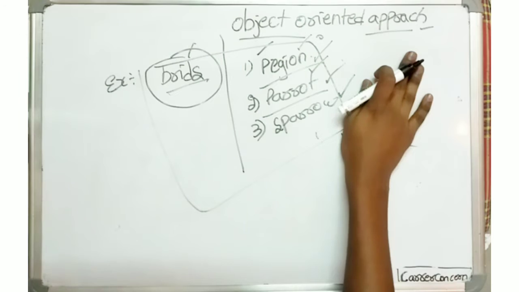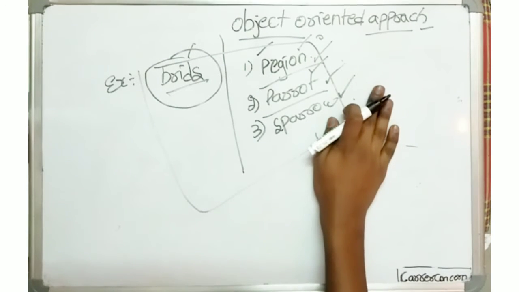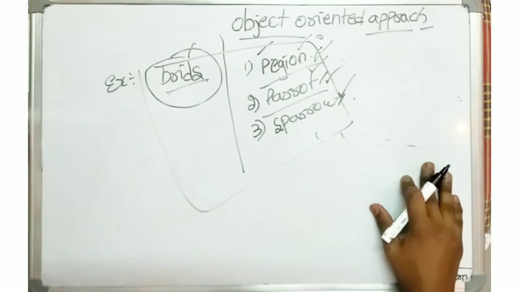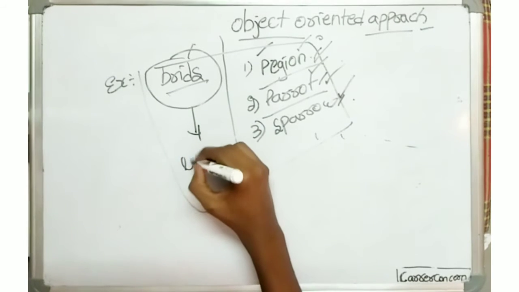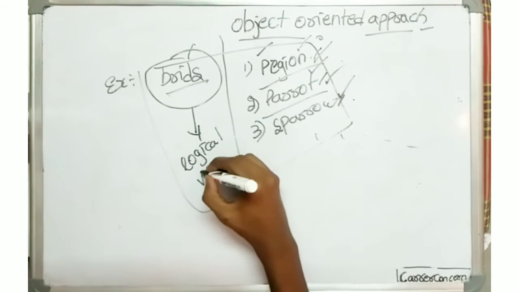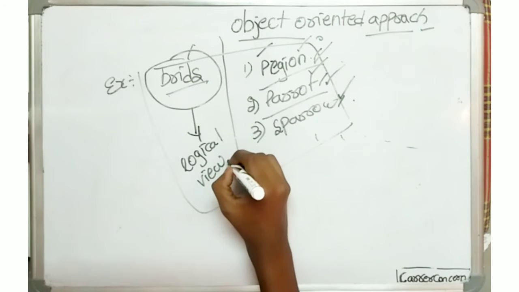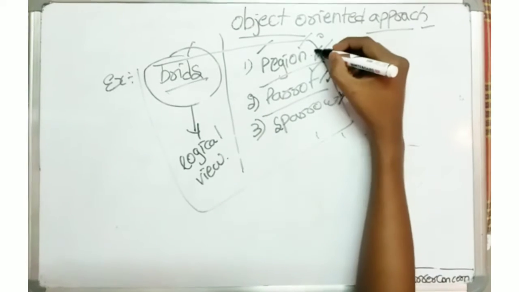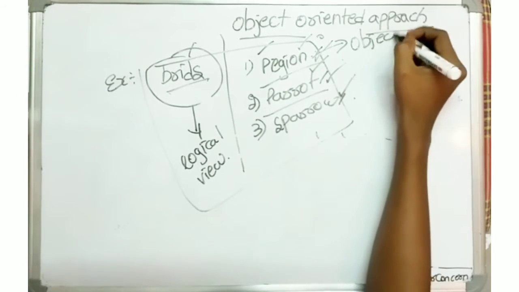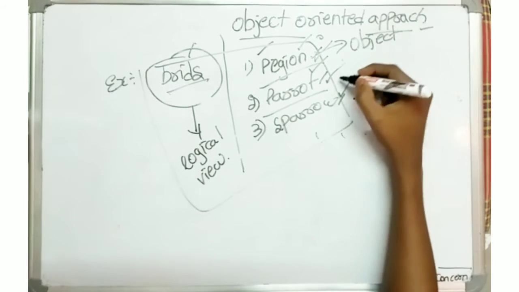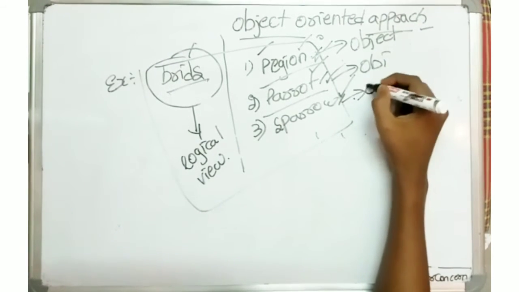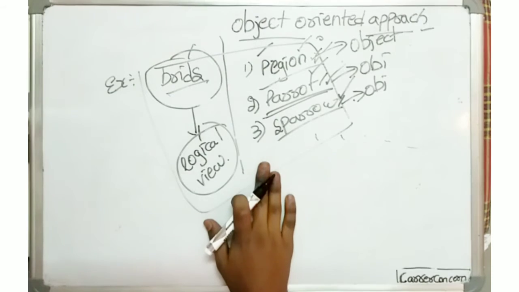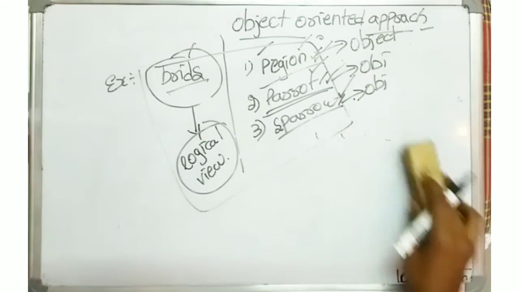Bird is just a logical view of animals which are flying. Pigeon is an object of that class and has physical existence, while the class has logical existence. This is the difference between objects and classes.